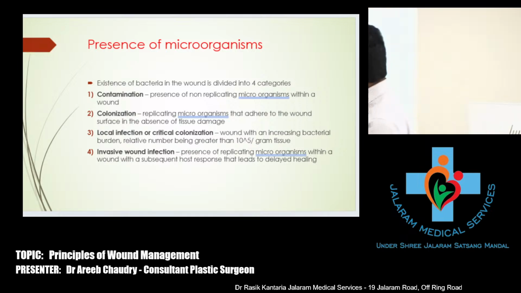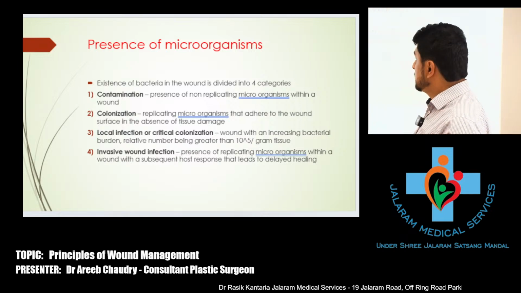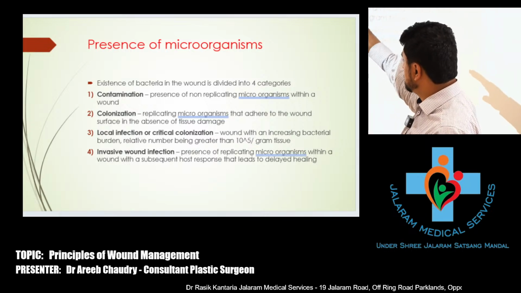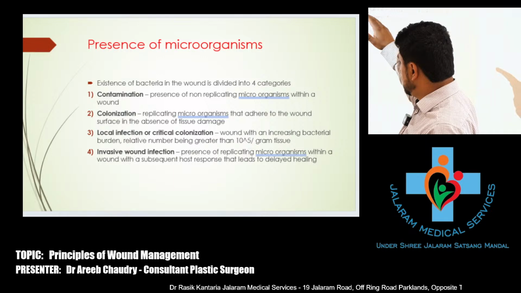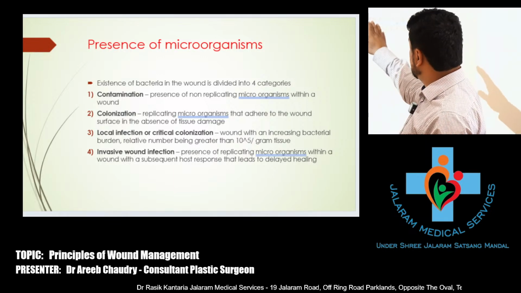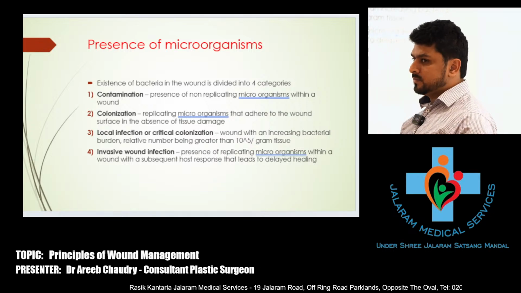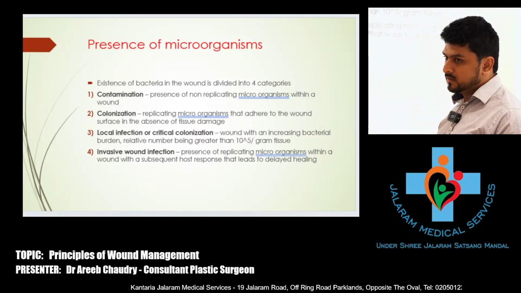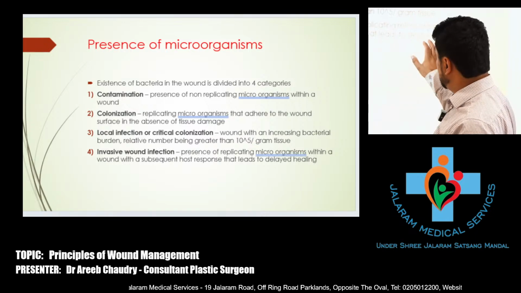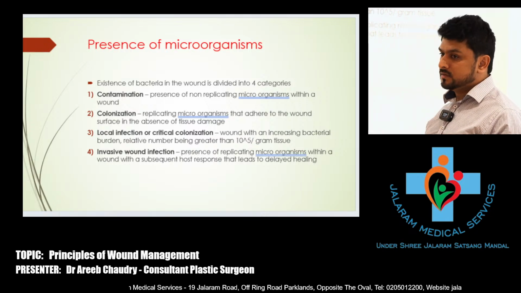Microorganisms are usually present in the wounds. So you have these different definitions: contamination, colonization, local infection, and invasive wound infection. In contamination, the microorganisms are present, but they're not replicating. In colonization, they are replicating, but there is no damage yet.